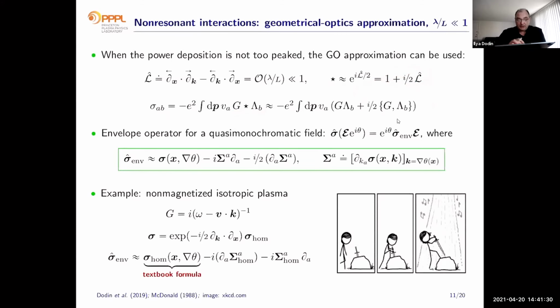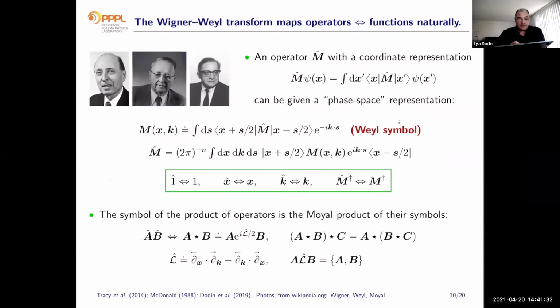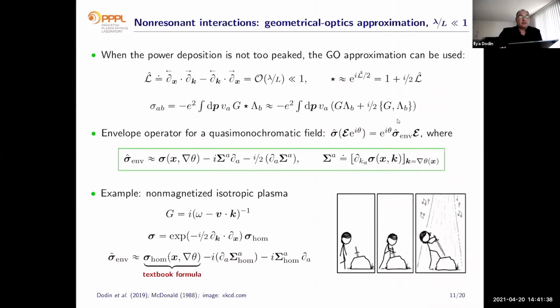And then calculating an operator from a symbol can be complicated, but you don't really need it in the general case. What you need is to calculate the result of an application of an operator to a quasi-monochromatic field.